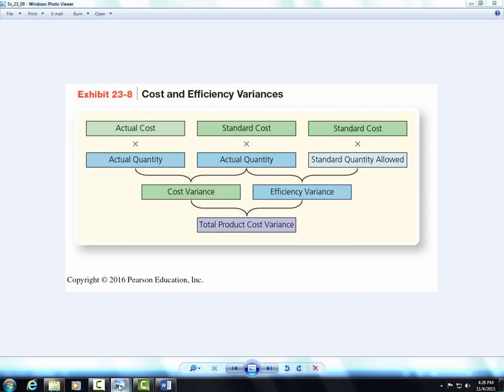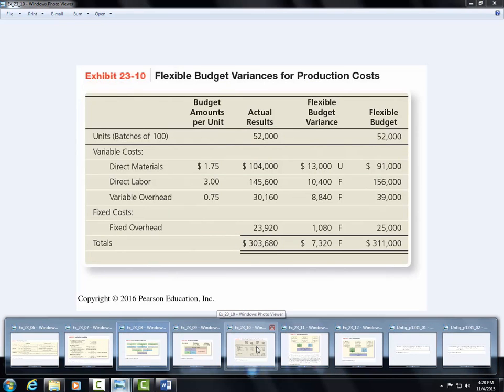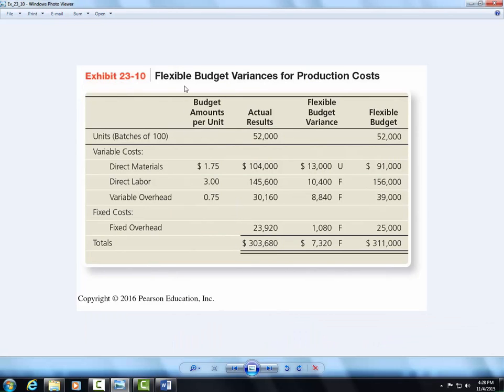Alright, so now we're ready to look at the flexible budget variance out of the textbook. The flexible budget performance report is on page 1227. And in that flexible budget performance report, we identified some flexible budget variances, and this just pulls some of those out.